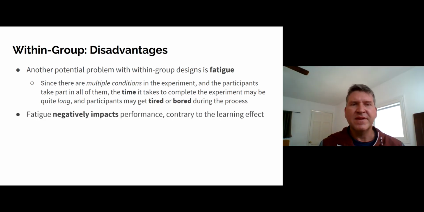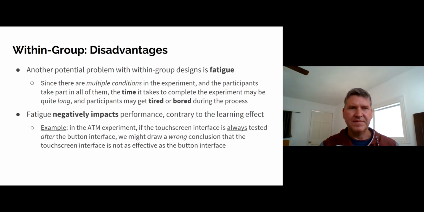So unlike the learning effect, fatigue is actually going to negatively impact performance. As they get tired, their time is going to be adversely affected, and this is going to show that their performance is declining. And we may not have this type of effect if we have a between groups design.